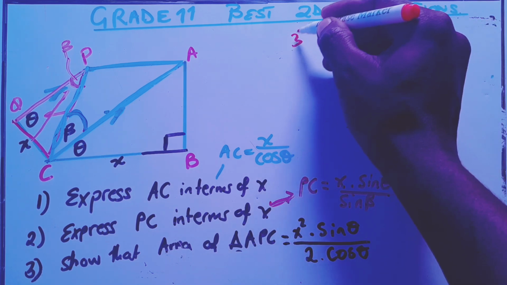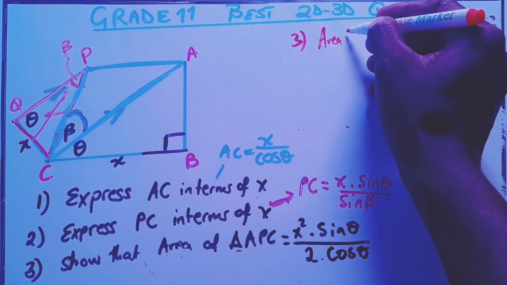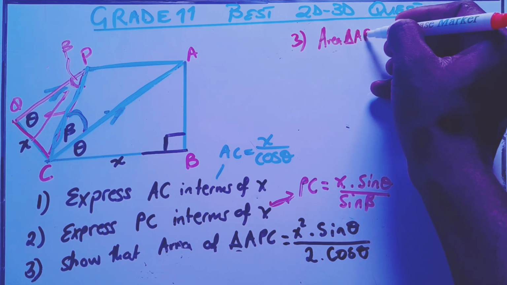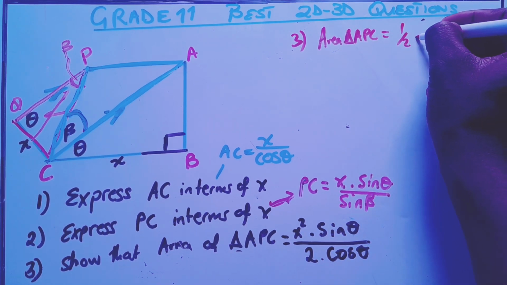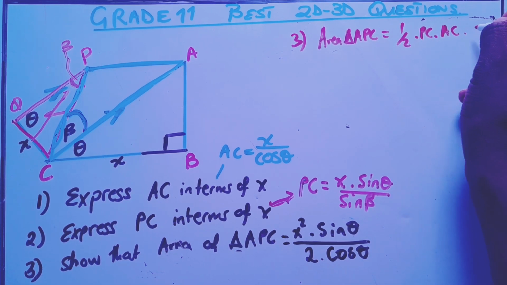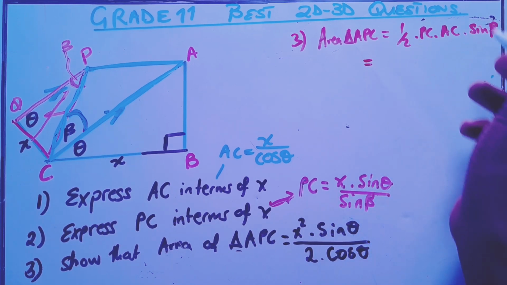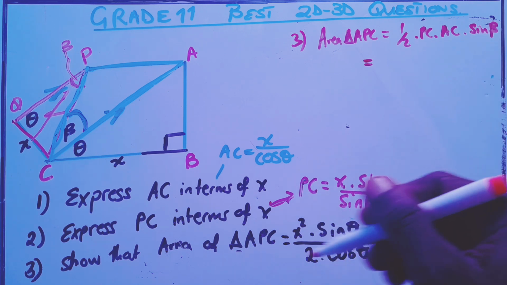So number 3, it means that our area of triangle APC will be equals to half PC multiplied by AC and then sine of beta. So after applying this formula, we are trying to solve the identity.